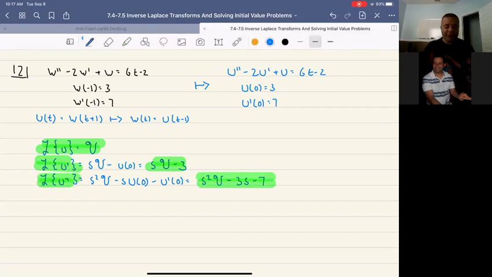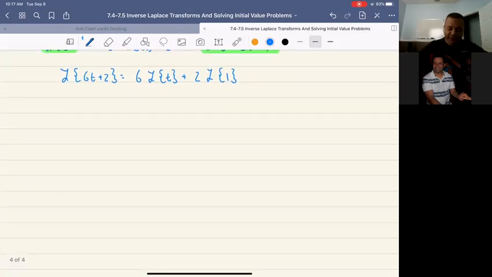We also have to take the Laplace transform of 6t minus 2. So let's do that here as well. That's 6 times the Laplace transform of t minus 2 times the Laplace transform of 1. The Laplace transform of t is 1 over s squared. I think we did that on the first day we did Laplace transforms.